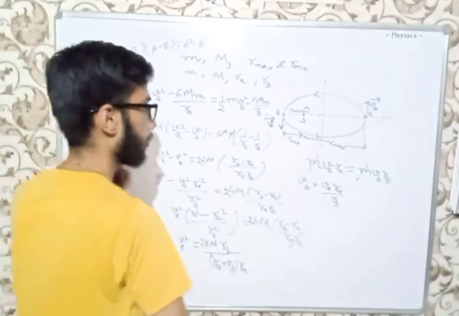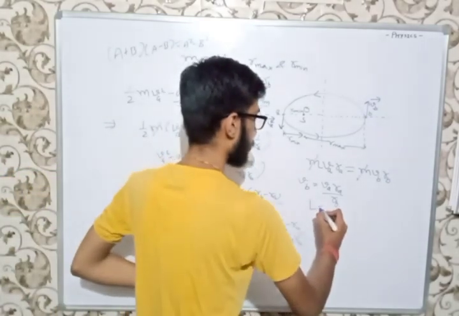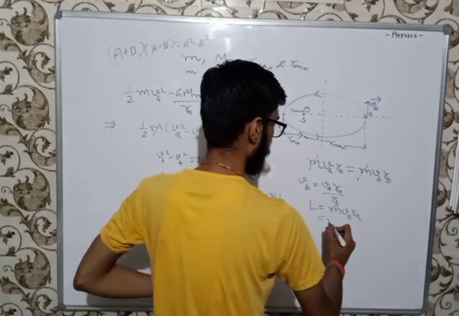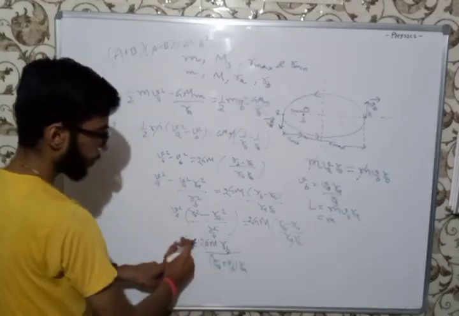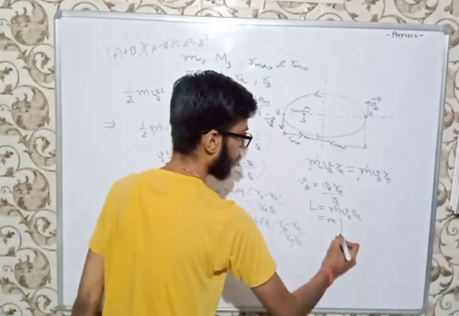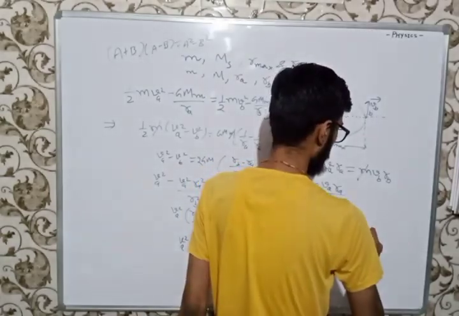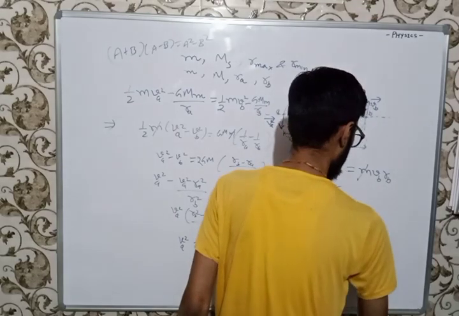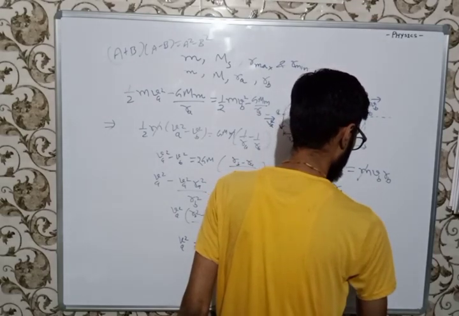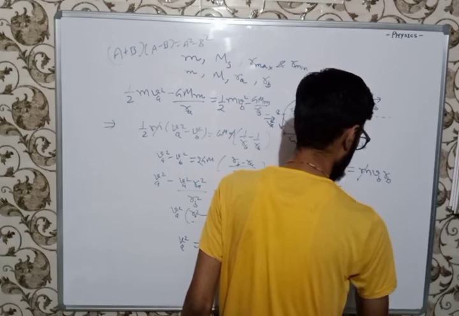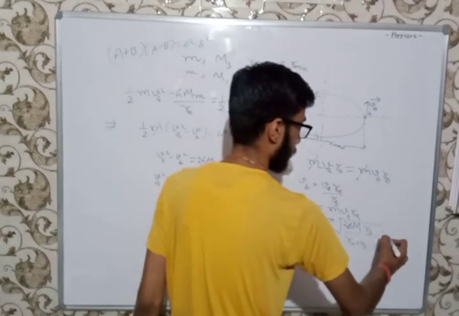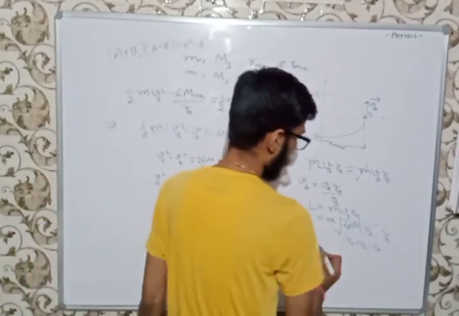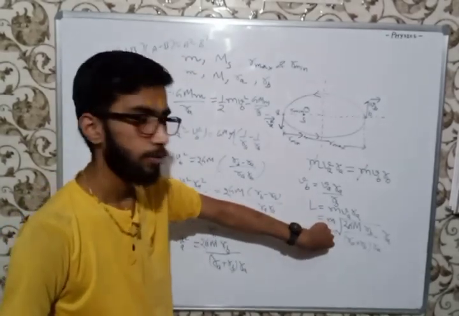So I find the angular momentum. Angular momentum L equals m VA RA. M times the value of VA, which is the square root of this quantity. So square root of 2G capital M RB over (RA plus RB) into RA, times RA. So just simplify it. Small m is the square root of m square.